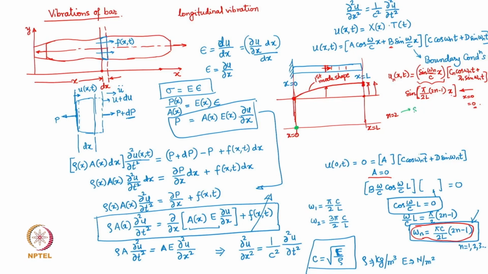For n equal to 2, sine pi by 2 x at x equal to L, this is going to be 3, which means the value at the free end is going to be minus 1, sine 3 pi by 2. So this is 1 unit, minus 1 unit to be precise. So this sine 3 pi by 2 for x equal to L is going to be the displacement. Now 3 pi by 2 means at 0 position, that is at x equal to 0.